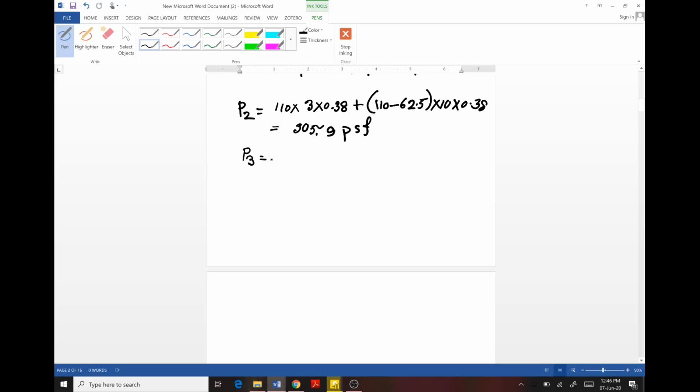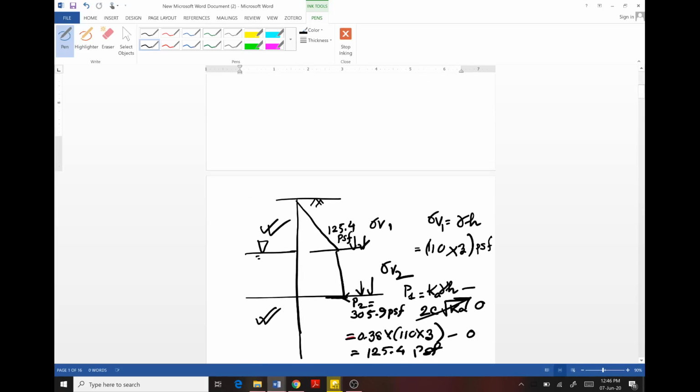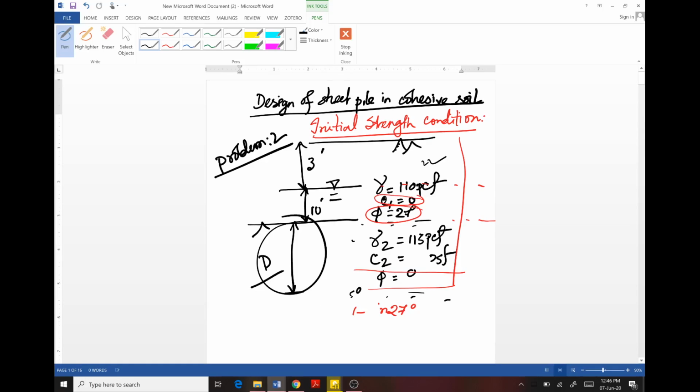For the previous problem we solved earlier, both layers were granular soil, but in this problem the first layer is granular soil and the second layer is cohesive soil. So for cohesive soil, what is the earth pressure by Coulomb's theory?